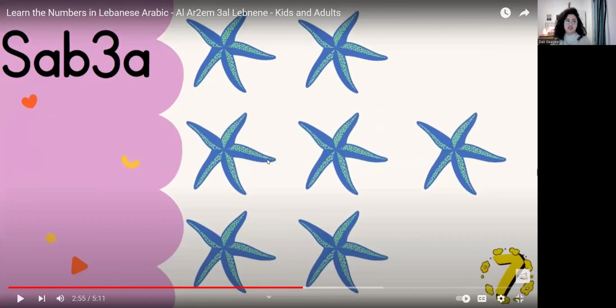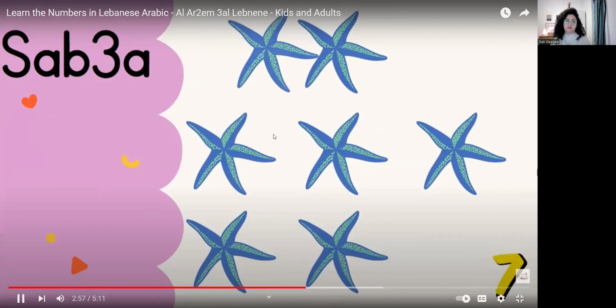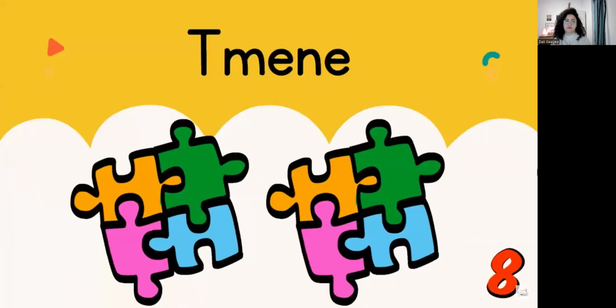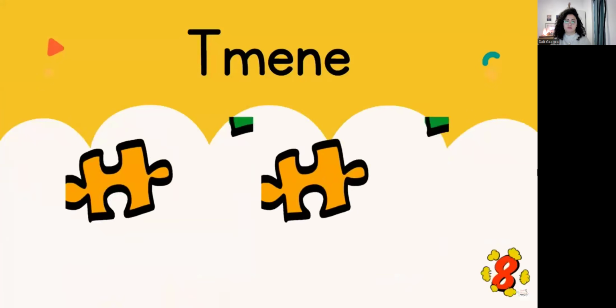A star is نجمة. Stars نجوم. So whenever we're talking about the number, let's say 7 stars, 7 نجوم. Okay, so it's the same like in English. You say the number, then the word in plural.